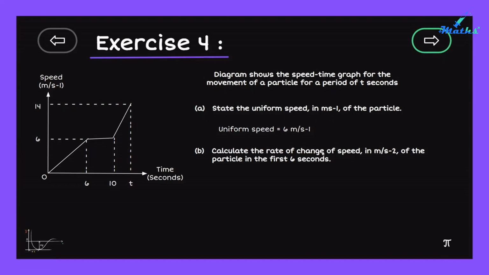Next, calculate the rate of change of speed for the first 6 seconds, which is here. The rate of change of speed is speed over time.